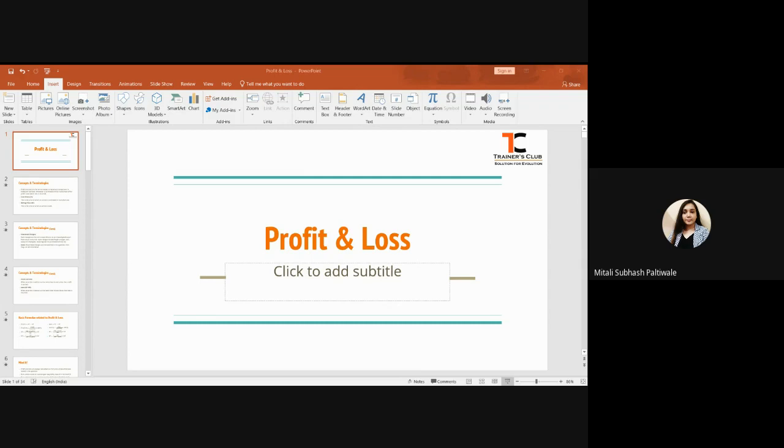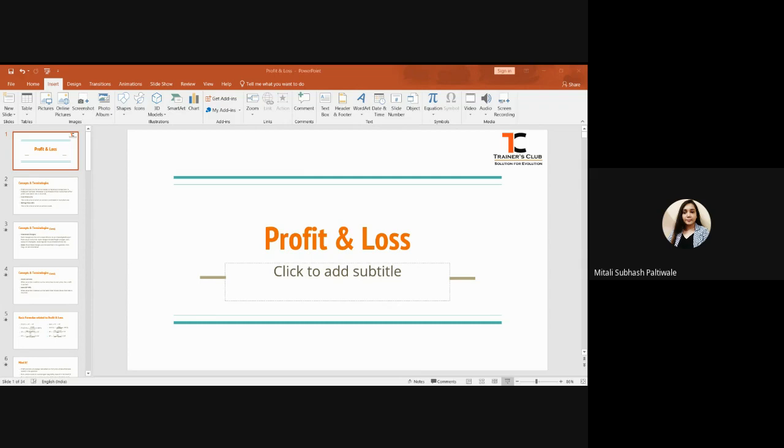That could be taxes, charges for something, or maybe rent or salary of employees, and so on. So there is a note on overhead charges: if overhead charges are not specified in the question, then they are not considered. If overhead charges are mentioned in the question, only then will we consider them. If they are not mentioned, please do not consider them.